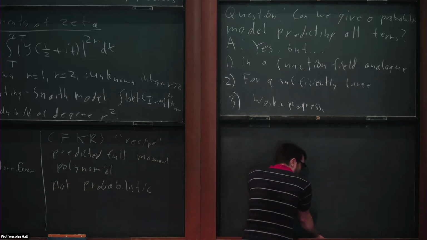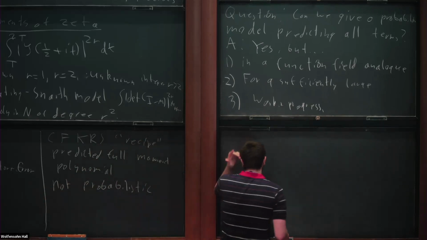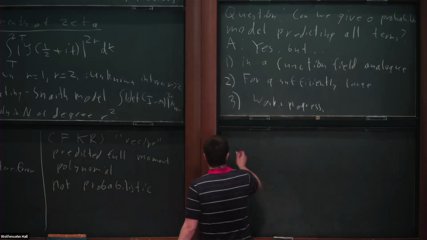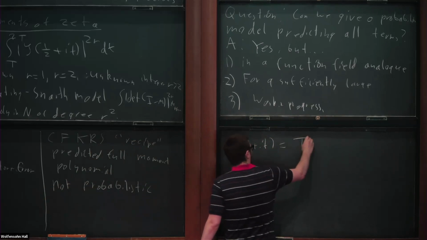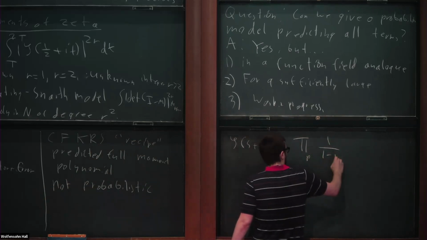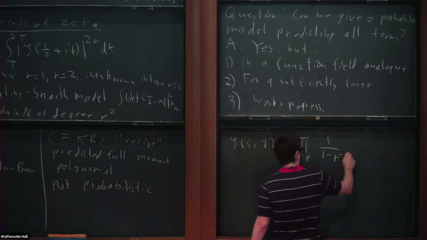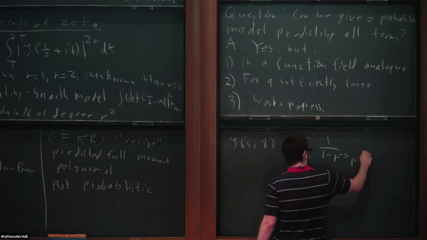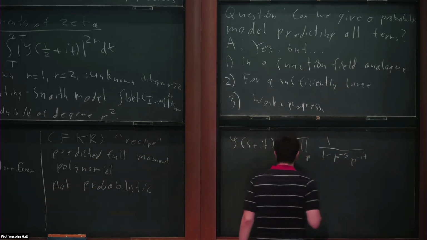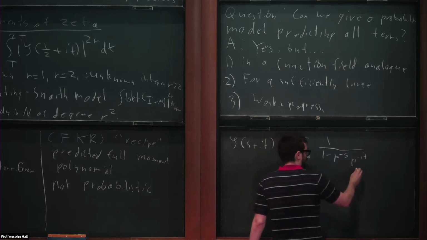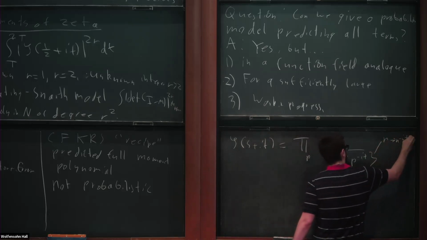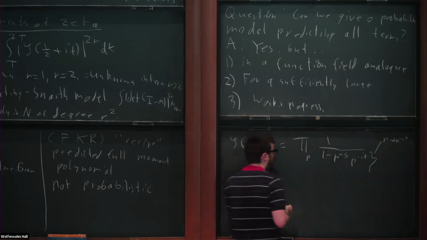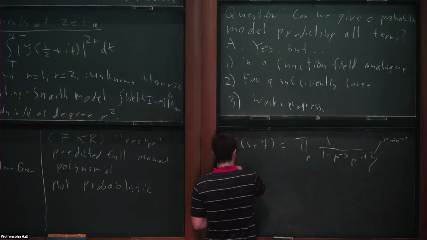So to make my random matrix model, I want to make the following observation about the zeta function. Let me write it like this: zeta of s plus it is equal to the product over p of 1 over 1 minus p to the minus s times p to the minus it. And so this can be expressed in terms of the function n goes to n to the minus it. And what property does that function have?